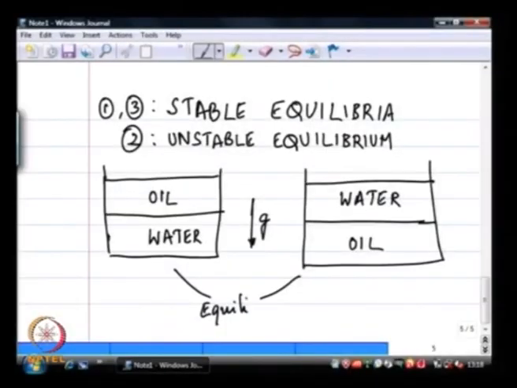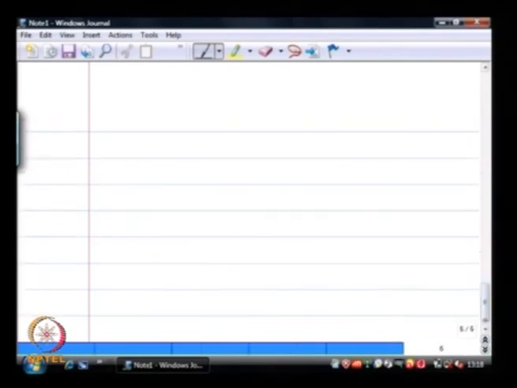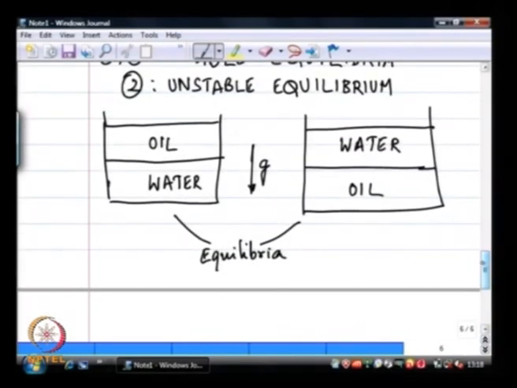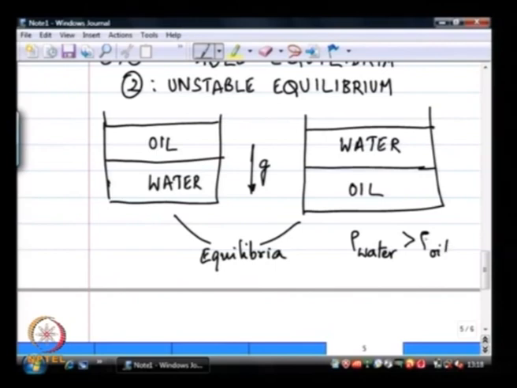So, both of these are equilibria, even though the density of water is greater than the density of oil. Both of these are equilibrium conditions.